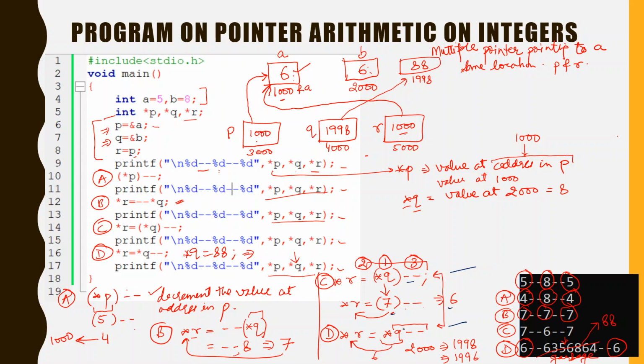Here, since the parentheses are not there, the decrement operator would only be applied on this q. So the value of q, 2000, is decremented to the previous contiguous memory location, and q now starts pointing to this particular location.